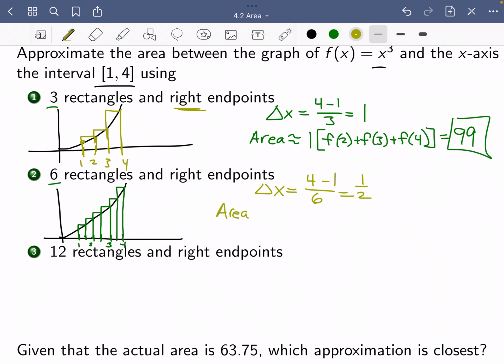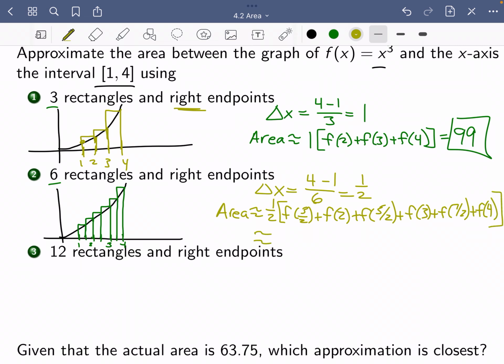And the area is approximately 1/2 times f of 3/2 plus f of 2 plus f of 5/2 plus f of 3 plus f of 7/2 plus f of 4.